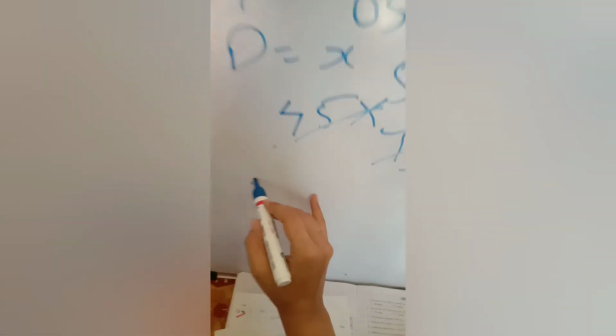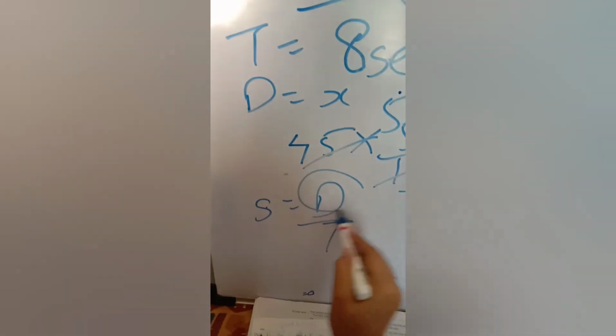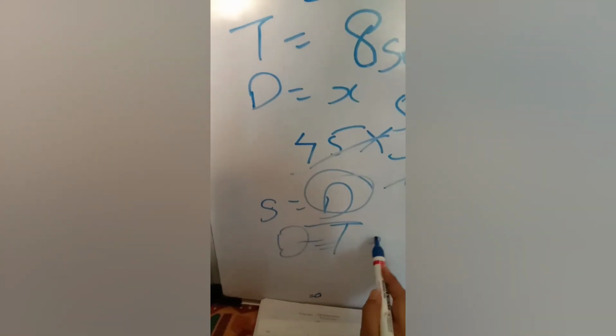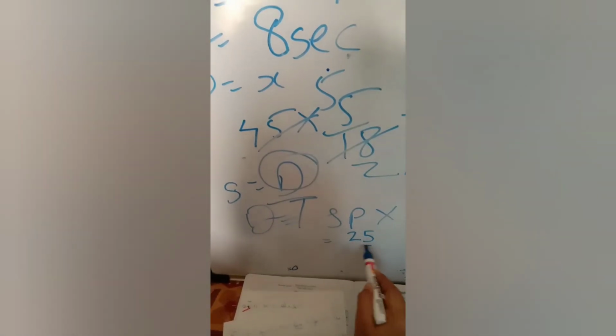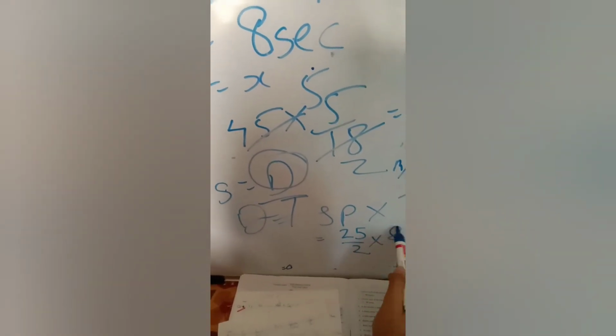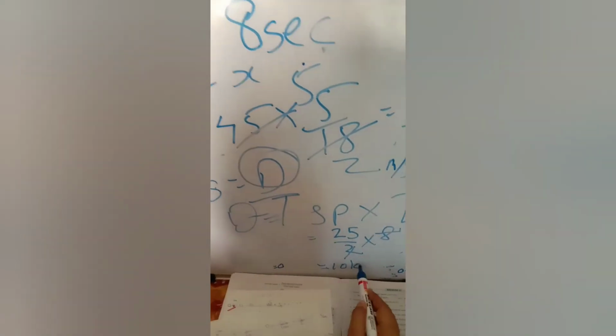So now speed is equal to distance upon time. We need distance. So distance is equal to speed into time. So speed is 25 upon 2, time is 8 seconds. So 2 fours are 8, which is equal to 100 meter.